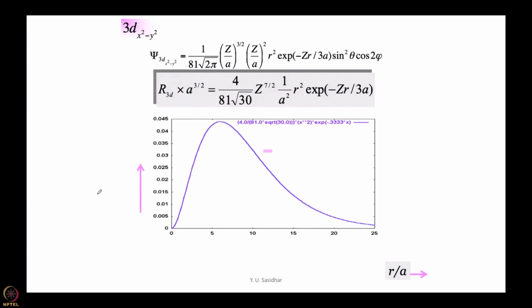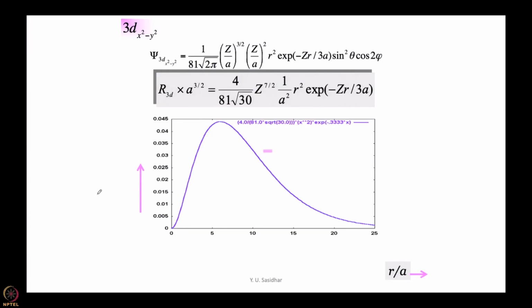The others we are talking about now are generated by appropriate linear combinations of m equal to plus minus 1 orbitals and m equal to plus minus 2 orbitals. I leave it to you to figure out which ones are generated by linear combinations of m equal to plus 1 and minus 1 orbitals, and which ones from m equal to plus and minus 2 orbitals.